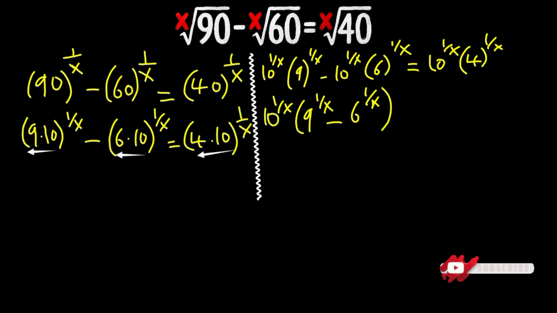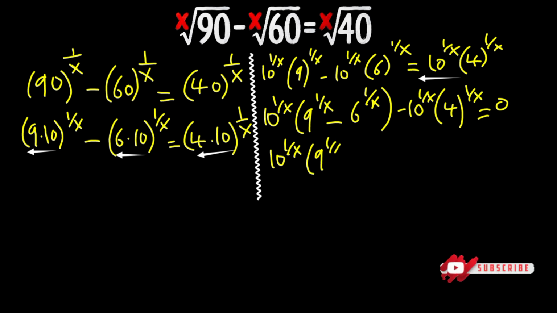We can also bring this to the other side, and then we have minus 10 to the power of 1 over x, 4 to the power of 1 over x, and this equals 0. So finally, if we factor out 10 to the power of 1 over x, we have 9 to the power of 1 over x, then minus 6 to the power of 1 over x, then minus 4 to the power of 1 over x to be equal to 0.